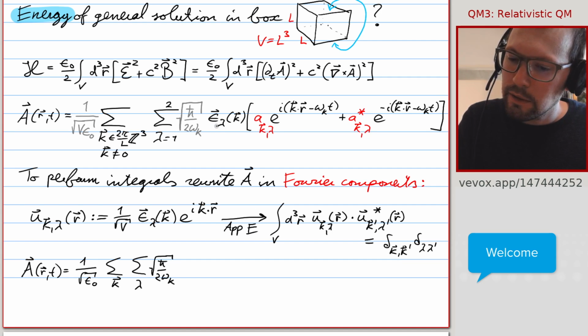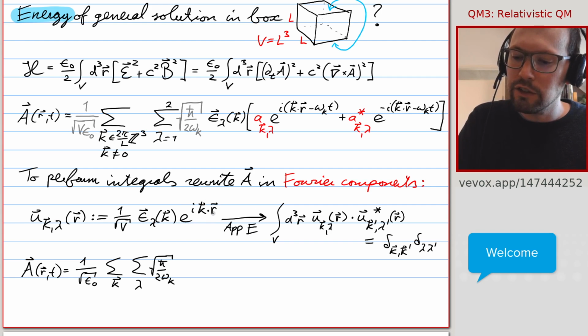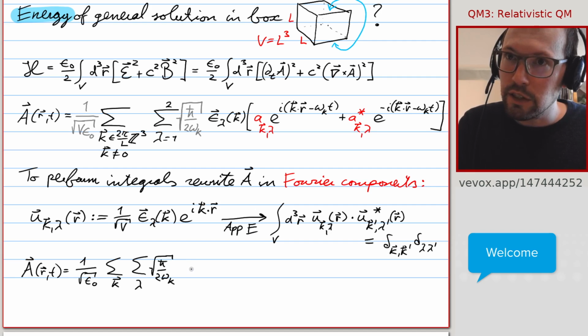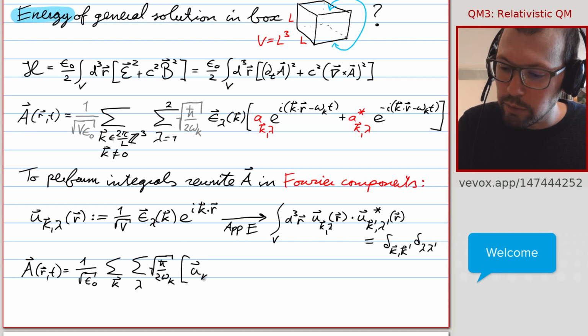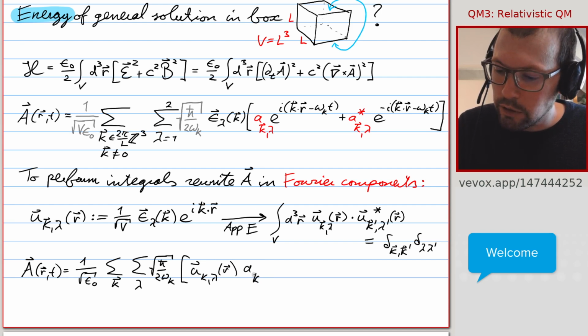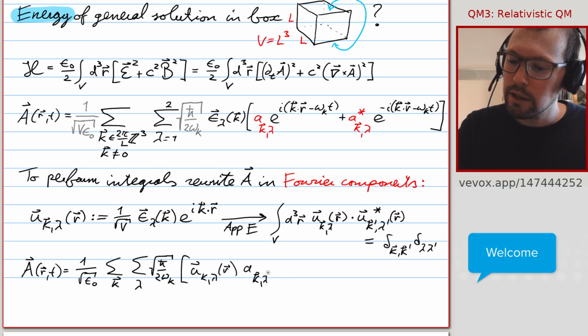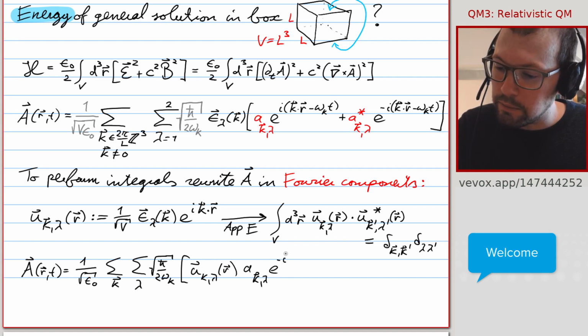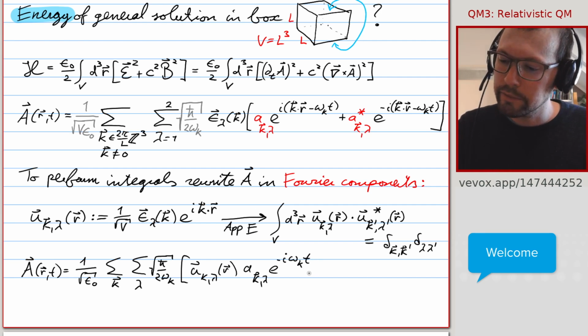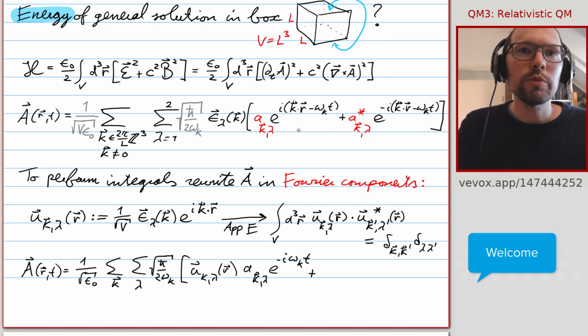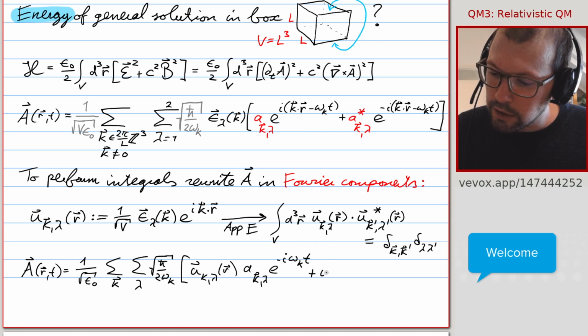And then the polarization is in here, and also the phase corresponding to the position is also here. So the first term is easy. It is simply this Fourier component times the coefficient, a_{kλ}, and then we only have the time phase left there. And we said that the second term is simply the complex conjugate of the first term. So let's write that down.